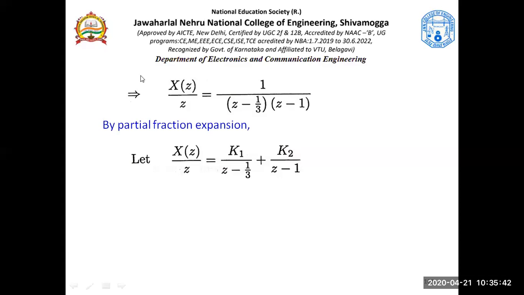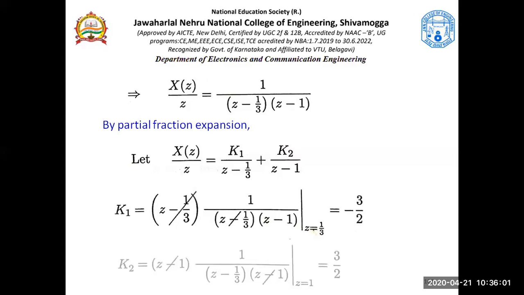Okay. Now see here. This is how I can arrange the right hand side by the partial fraction method. Now we need to find K1 and K2. How to find K1 and K2? You can use your own method to do that. You will get minus 3 by 2 and 3 by 2.